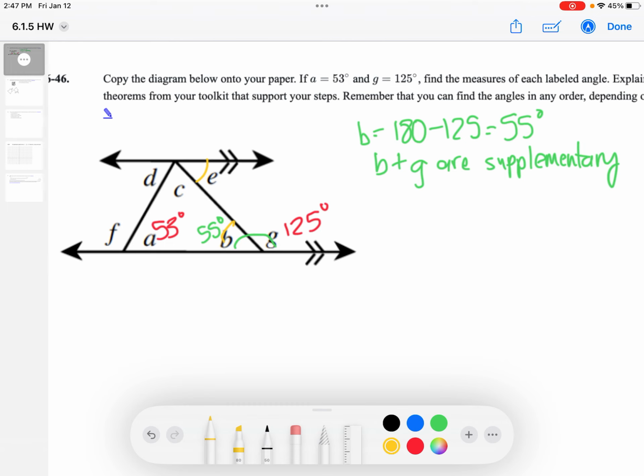So E and B are alternate interior angles, and because those lines are parallel, we know that they are congruent. You could write it out in your homework: B and E are alternate interior angles, and congruent because the lines are parallel.